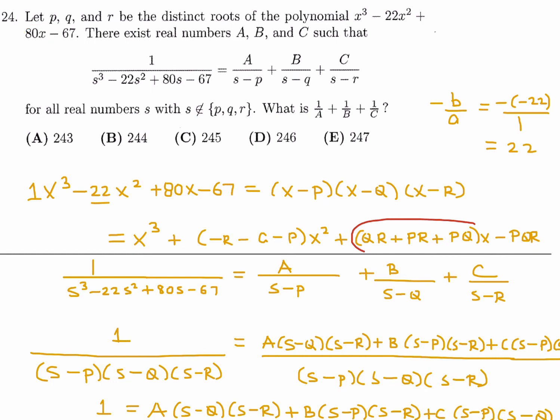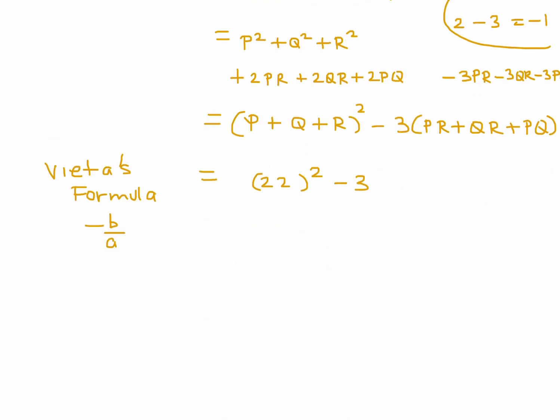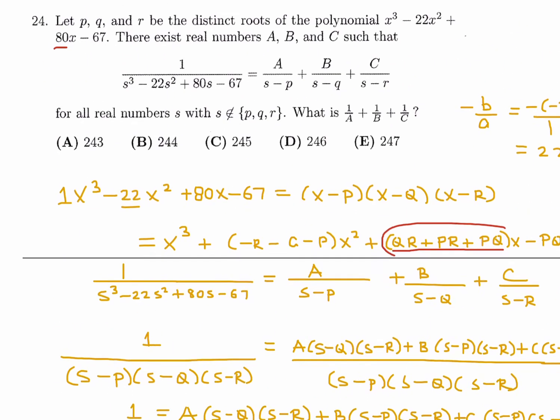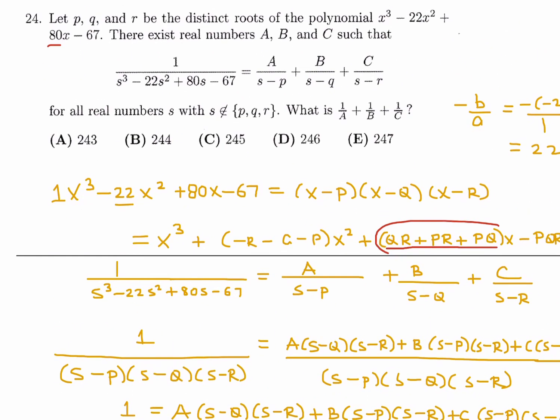And therefore, this qr, pr, pq is equal to 80. So that is something we can put right here, 3 times 80. So there we go. We've got a numerical value. When you do this math, you get 244. And that is the value for this 1 over a plus 1 over b plus 1 over c. And therefore, 244 would be choice B for number 24.